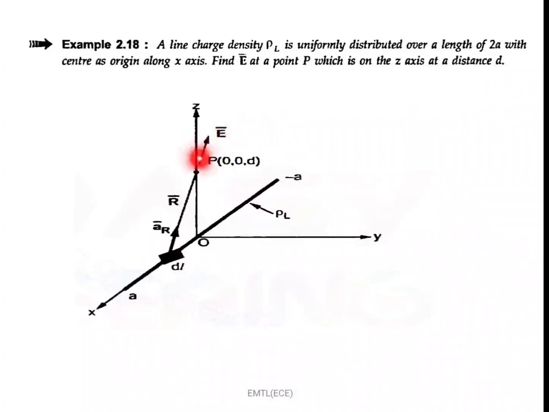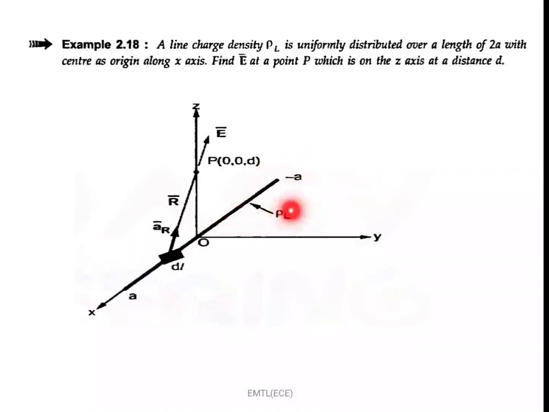So this is the point and this is the line charge, that is a small dl, and it is of length 2a with the center as the origin, that is this length is taken as a and this length is taken as minus a.